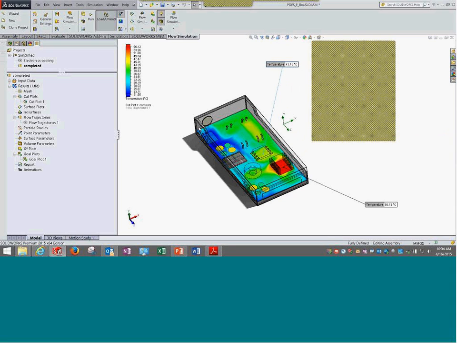One simple experiment could be, I get rid of this fan and apply a pressure of 10 units over here and a pressure of 8 units over here. So I have a pressure difference of 2, and I can find out the volume flow rate. In a few different iterations I can develop a pressure to flow rate curve, and this curve can be matched with the fan curve to understand whether I'm running the fan at the right operating range.